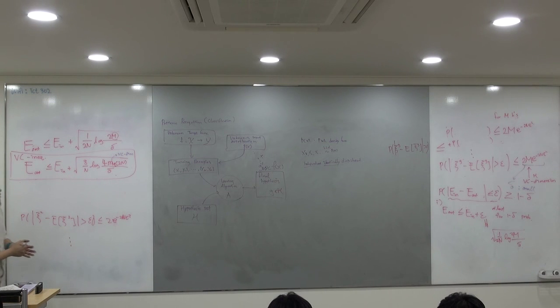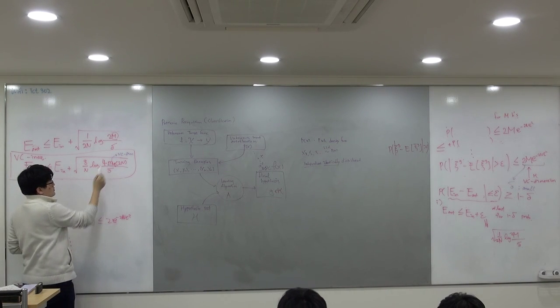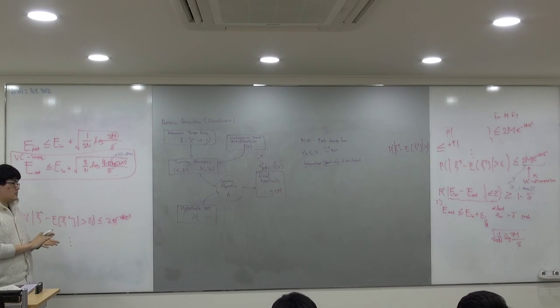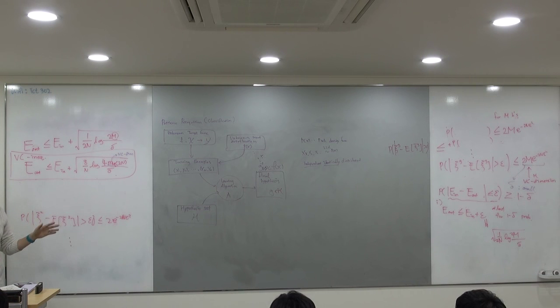And another thing is the MH. It's actually the effective number of hypotheses, which roughly speaking is the complexity of the hypothesis. So it's related to overfitting.